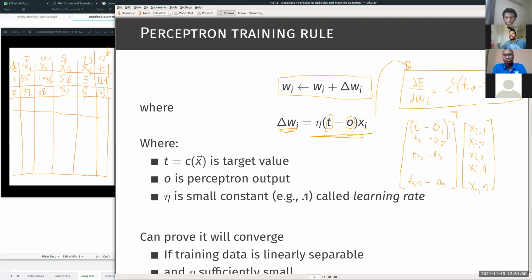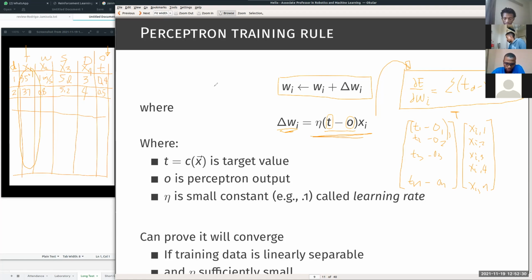So in the sense that here, what is your Xid? That means in this case, for example, if you take the partial derivative with respect to W1 only, you take all the Xi's here, the X1 with respect to the D data.